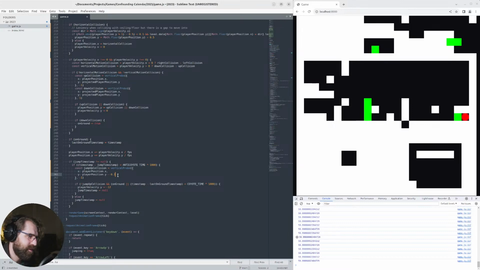It was minus 12 times FPS, because it's that, but over a single frame.